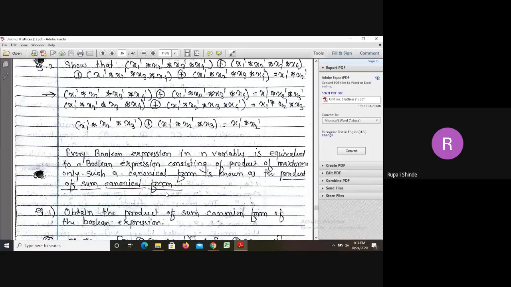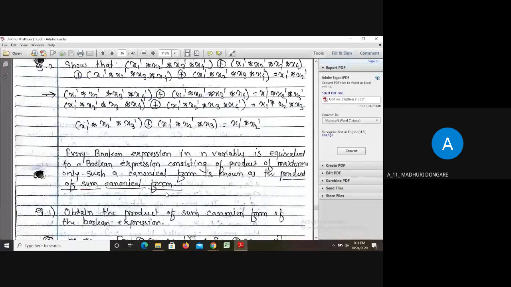So can anybody tell me how we can write the minterm? What is the symbol used to connect the variables in a minterm? Just give me one example of minterm. Suppose there are two variables x1 and x2 and we want to define minterm out of these two variables.